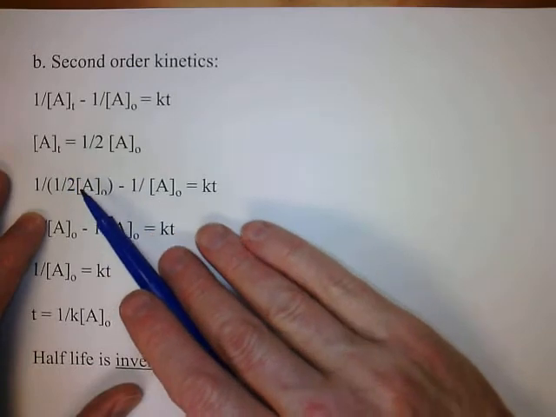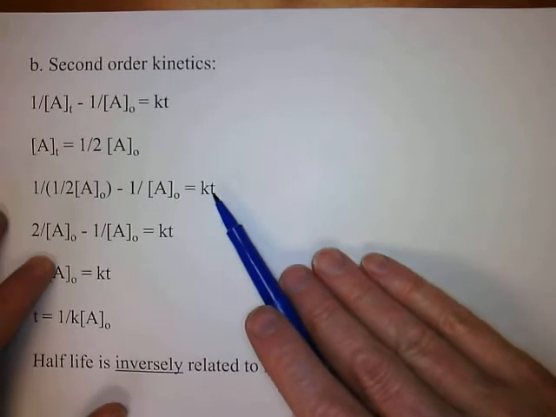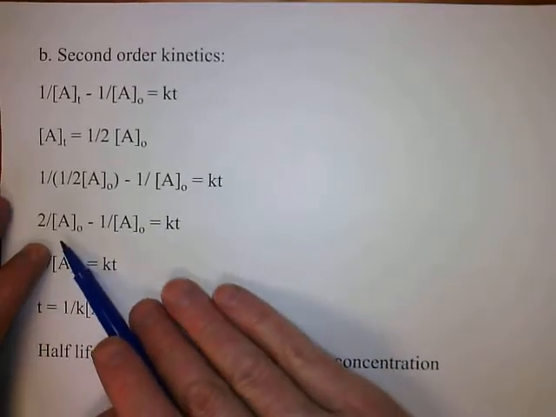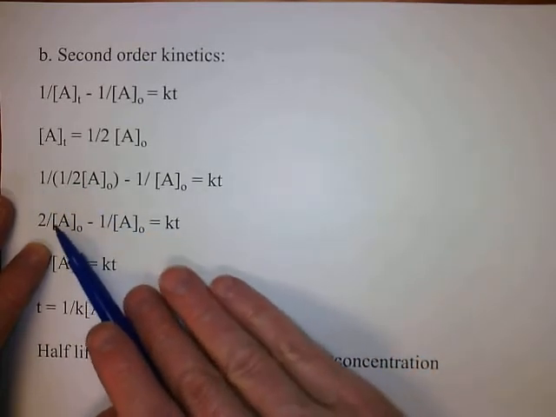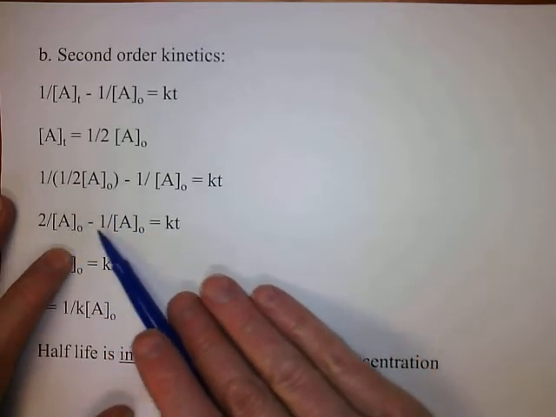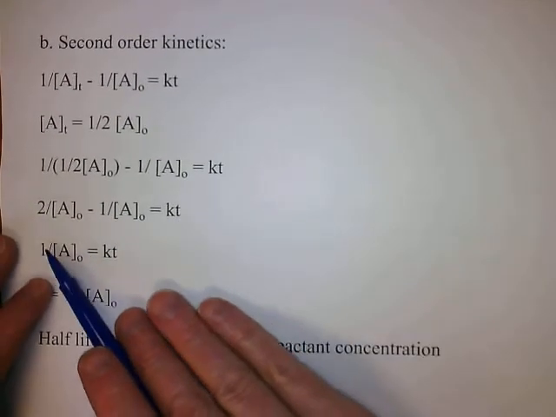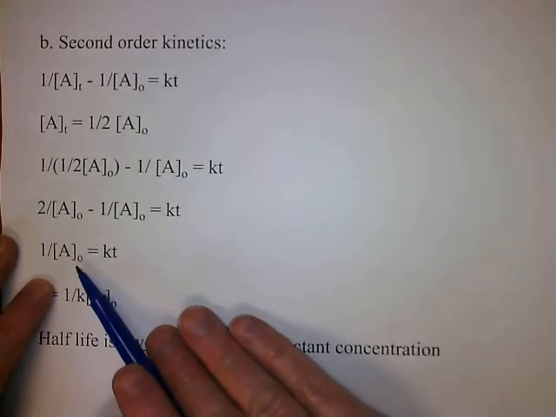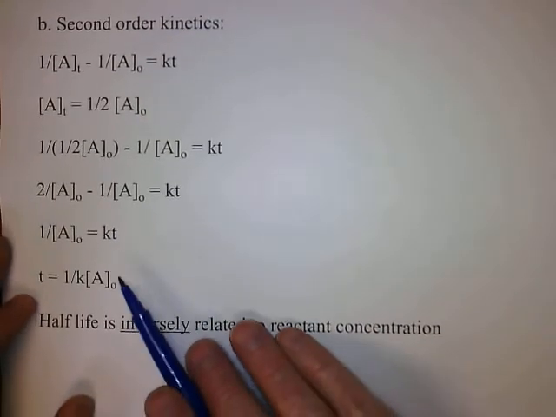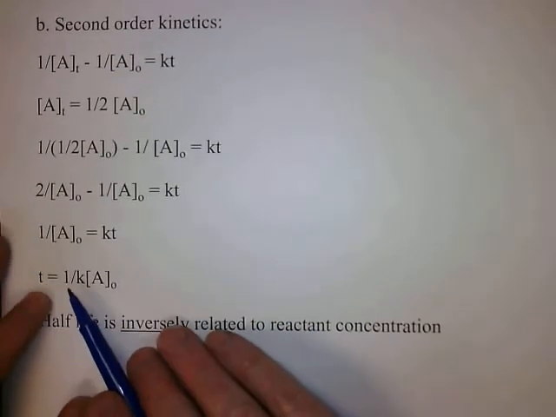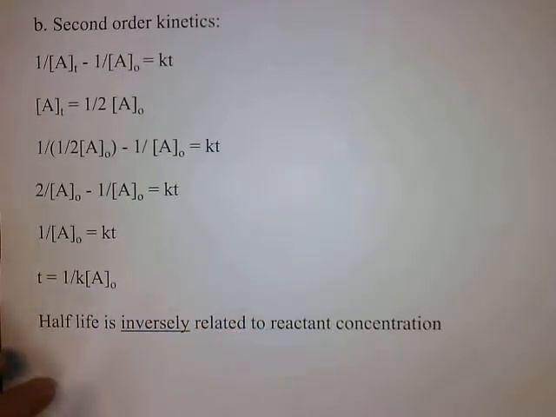So 1 over 1/2 the initial concentration minus 1 over the initial concentration is equal to kt, or 2 over the initial concentration, since 1 over 1/2 is 2, right? So 2 over the concentration minus 1 over the concentration is equal to kt. And so this comes out to 1 over the initial concentration is equal to kt, or t is 1 over the rate constant times the initial concentration.